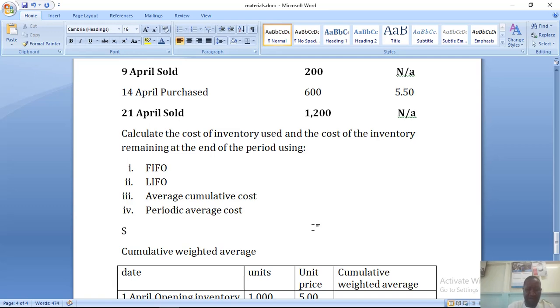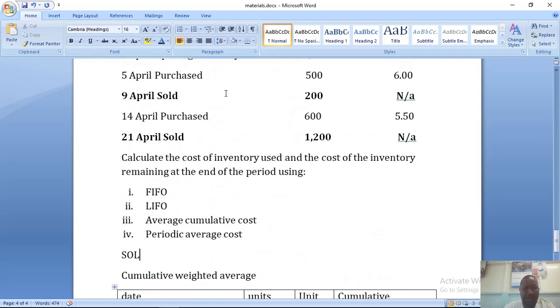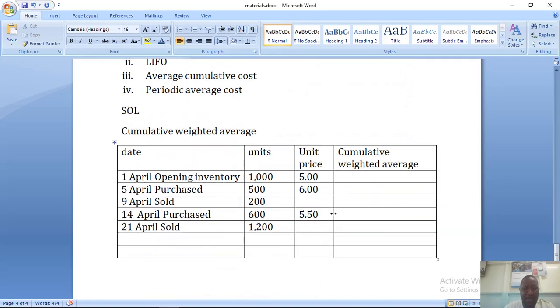So as part of the solution, putting just this data in a table, we have something like this. 1st of April we have that, 5th of April we have that, and then we are issuing on the 9th of April.